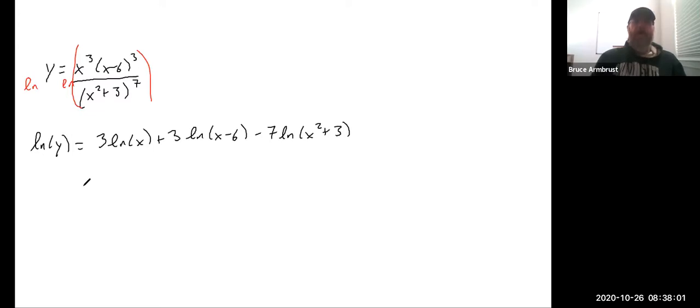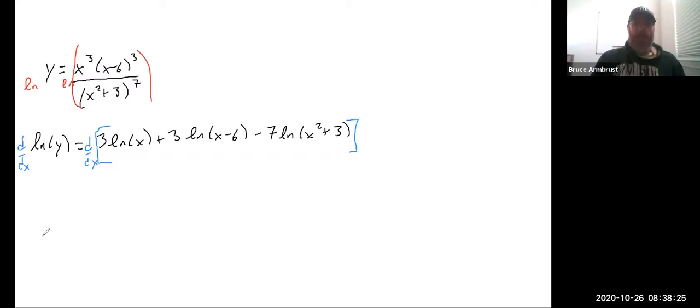All right, now we're ready to differentiate. We just took a log of both sides. Now we're going to differentiate both sides with respect to x. For logs, it's really easy. You always get a fraction.